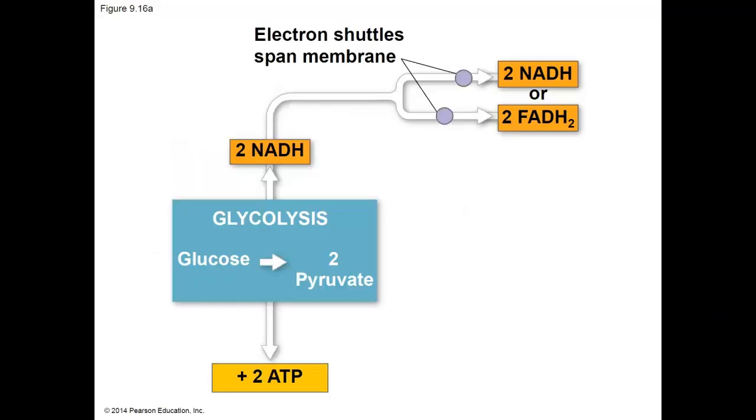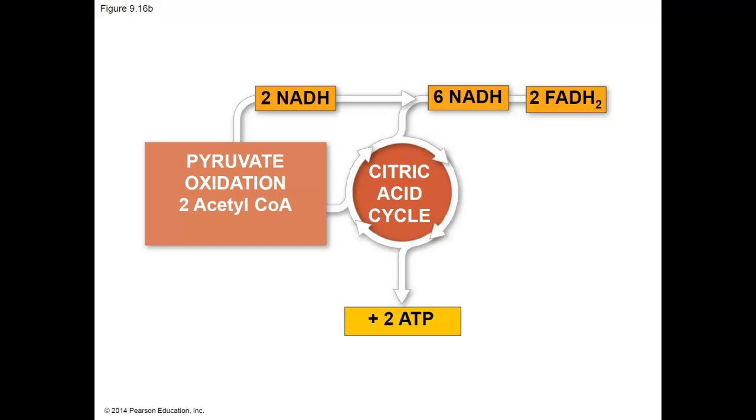In summary, glycolysis produces 2 pyruvate, 2 ATP, and 2 NADH. These molecules are used later on. The pyruvate becomes acetyl-CoA that enters the citric acid cycle. The citric acid cycle produces 2 ATP as well as additional NADH and FADH2.